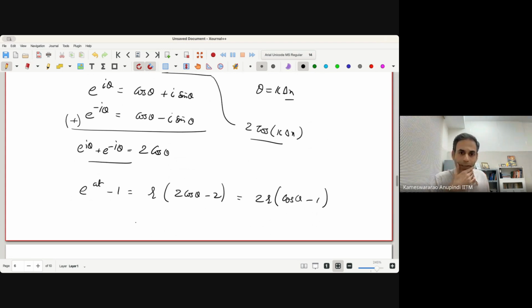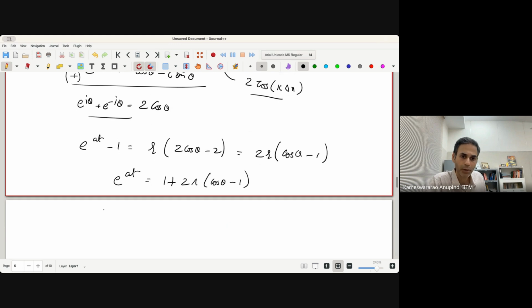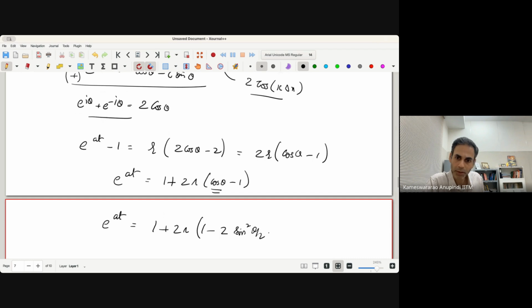I will simplify it slightly more so that we can find something from here. So e to the power a t equals 1 plus 2r times cos theta minus 1. Now 1 plus 2r cos theta can be written as 1 minus 2 sine square theta by 2.